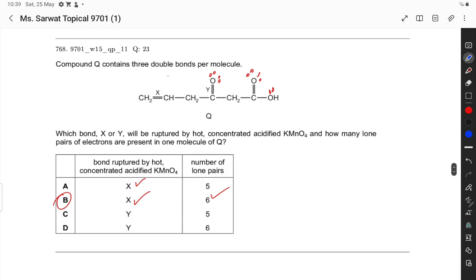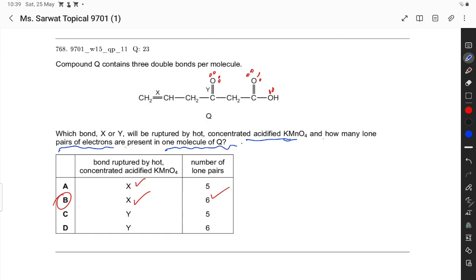Compound Q contains 3 double bonds per molecule. Which bond, X or Y, will be ruptured by hot concentrated acidified potassium manganate, and how many lone pairs of electrons are present in one molecule of Q?